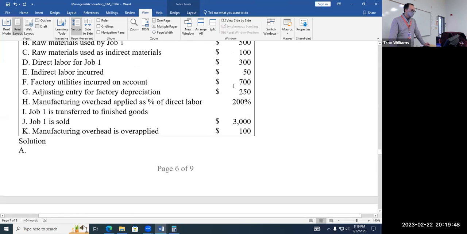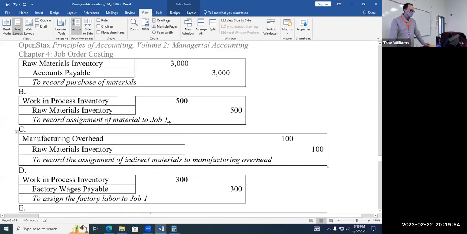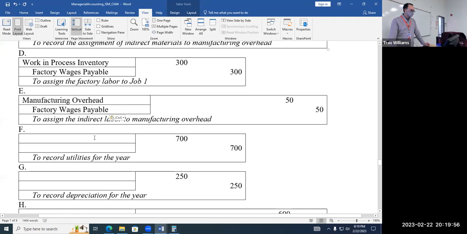Okay, so F. Factory utilities incurred on accounts. Remember how we journalized that? Going to be a debit to manufacturing overhead. Credit to accounts payable.